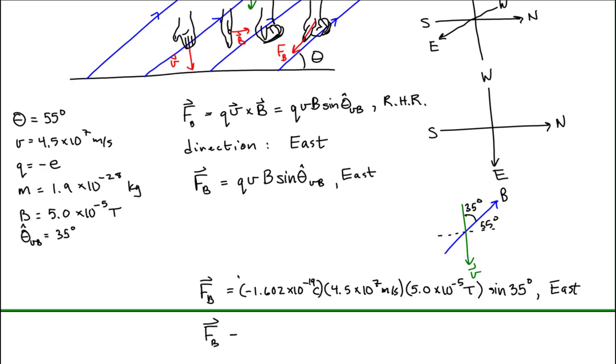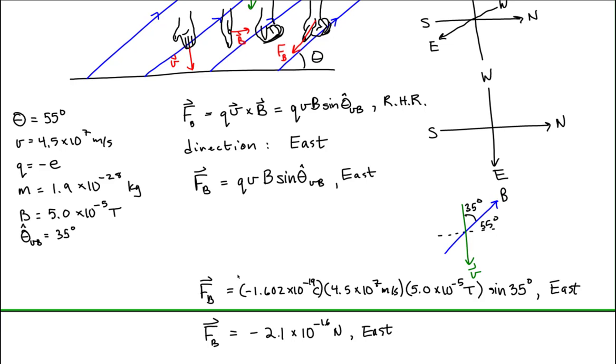After plugging this into my calculator, I get that the magnetic force on the muon is minus 2.1 times 10 to the minus 16 newtons east. But wait a minute. Remember, east was the direction that we got from our right-hand rule. Now, the right-hand rule is applied to positive charges.